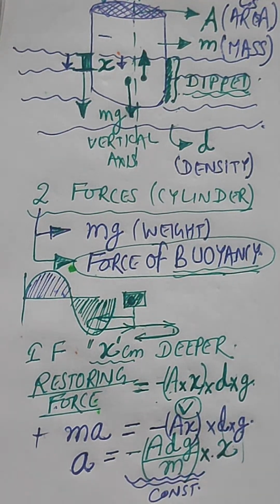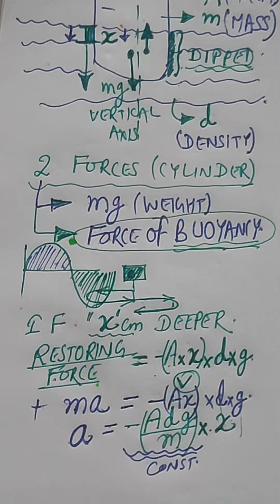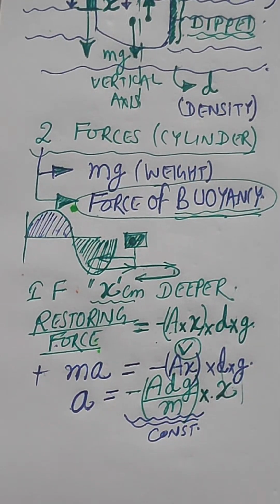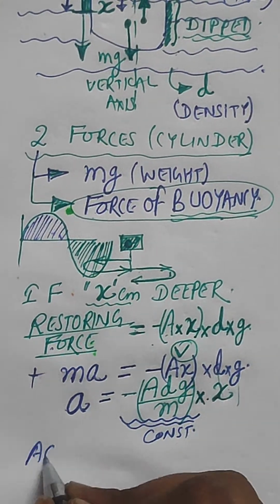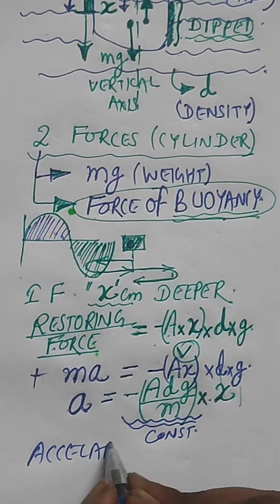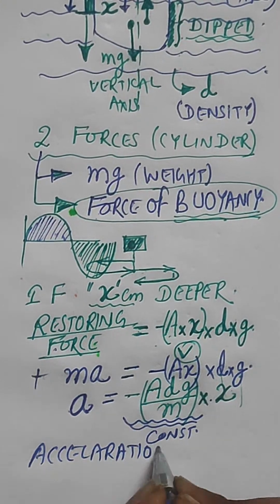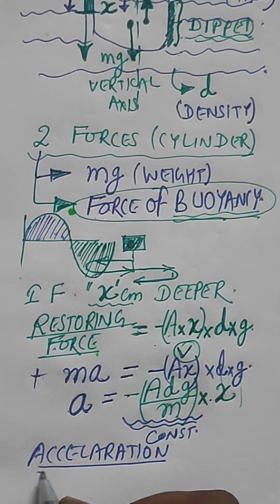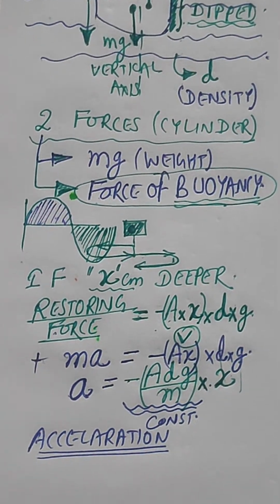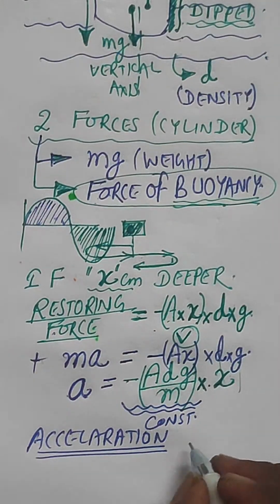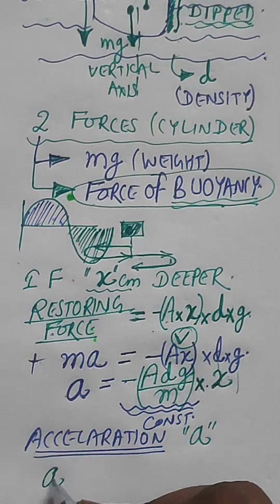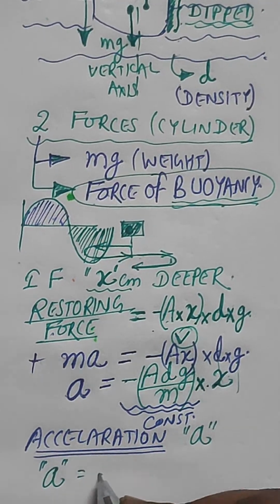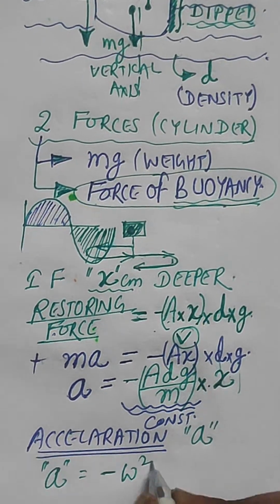Now we have almost solved 50% of our question. Let us go to the second point. In a SHM, we know the acceleration of any body executing simple harmonic motion is given by A, where A is the acceleration and its value is minus omega square x.